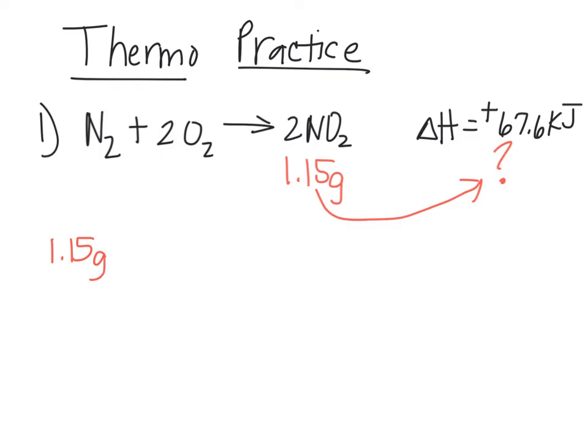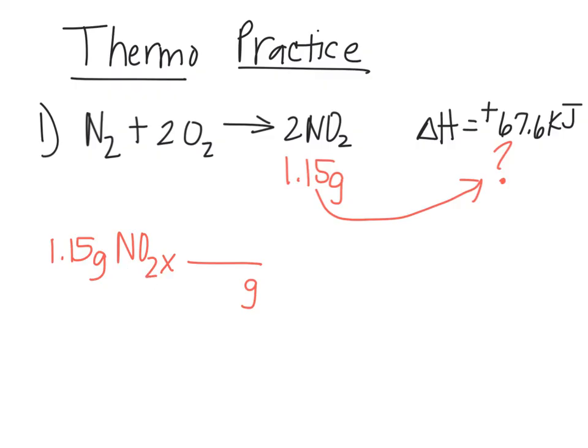So start with the number, 1.15 grams of NO2. We have to convert these grams into moles first. So if you go back and remember stoichiometry, grams here, therefore we want grams on the bottom of the next step. And then, in order to find the mass of NO2, you look on your periodic table. Add up 1 nitrogen and 2 oxygens.